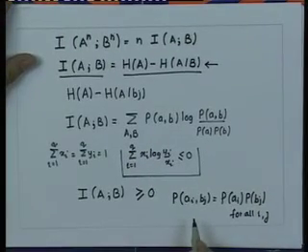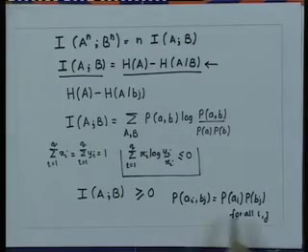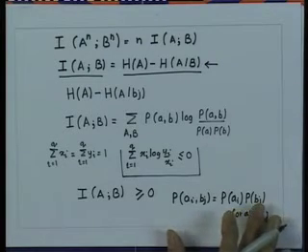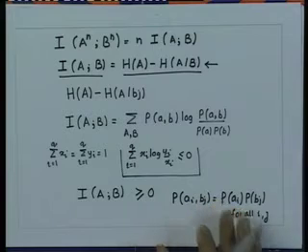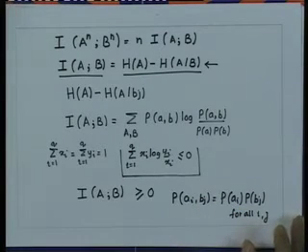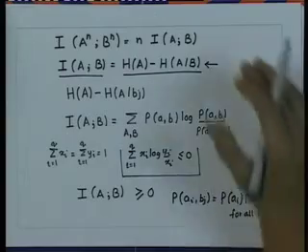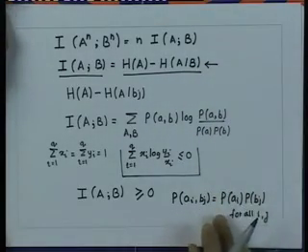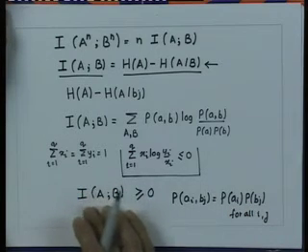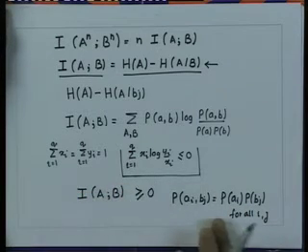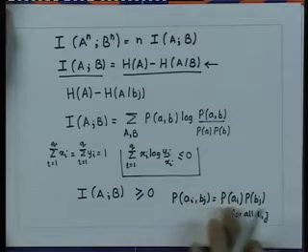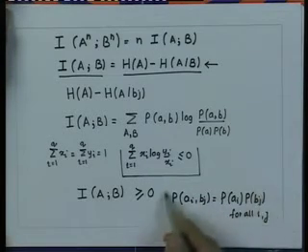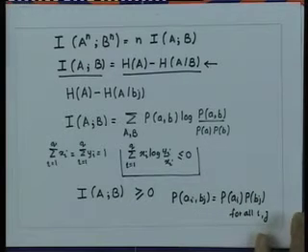Now, what it says is that the average information received through a channel is always non-negative. We cannot lose information on the average by observing the output of a channel. Further, the only condition under which the average information is 0 occurs when the input and the output symbols are statistically independent, which will happen when this condition is satisfied.